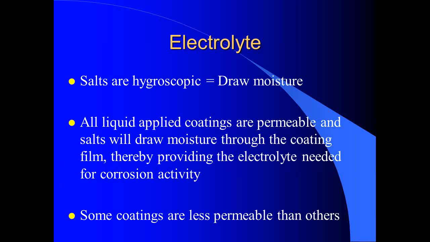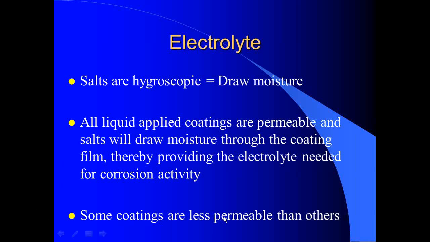When you take that pure H2O, combine it with a salt behind the coating, like a chloride or a sulfate, it will make hydrochloric acid or sulfuric acid, and that will carry on corrosion quite nicely beneath the paint film, which will cause a blister in the coating. It'll cause the coating to fail, but long before the coating fails, the corrosion action is going on beneath the coating.